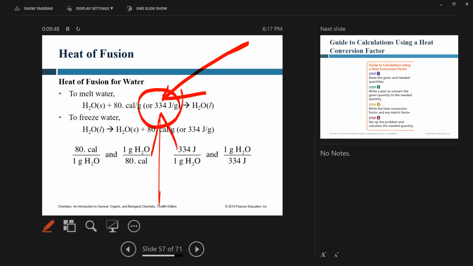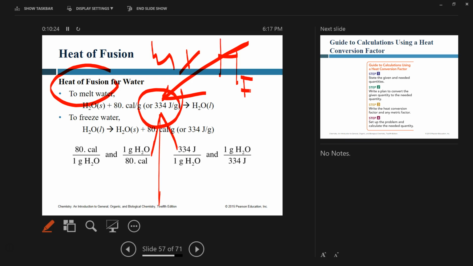Does that make sense? So basically, in order to find how much energy you need to melt a certain amount of solid, you need to multiply the mass of the solid by the heat of fusion. And that's it. Mass multiplied by the heat of fusion. Does that make sense?